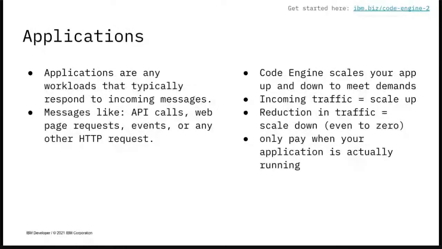Code Engine will then scale your applications based on the amount of incoming traffic to meet that demand. Likewise, it will also scale your application back down when there's a reduction in traffic, even down to 0, as I mentioned. So this means that you only pay when your application is actually running, and you don't pay anything when it's scaled down to 0.